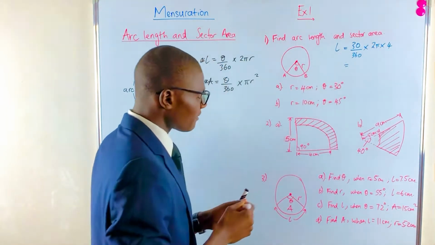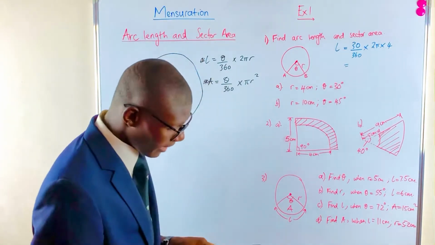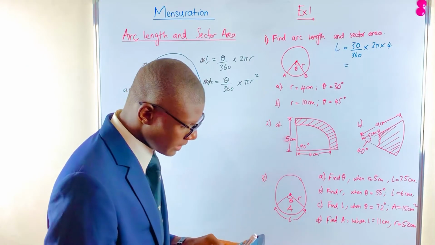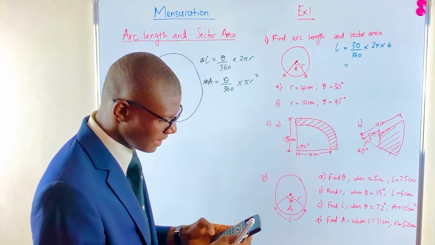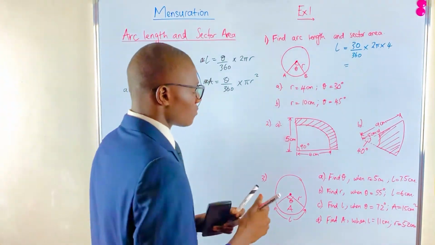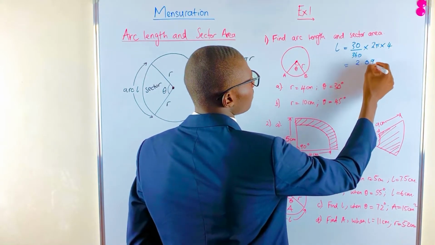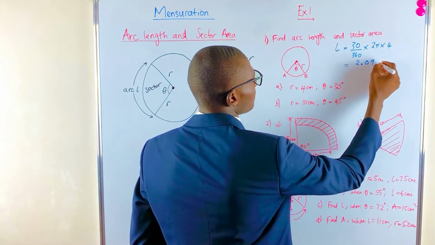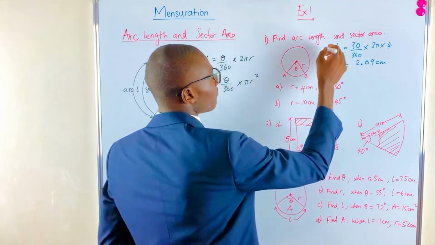Simplifying this, we are saying 30 times 8 pi, then divided by 360. So we get an answer of 2.09 centimeters. This would be the arc length for part A.